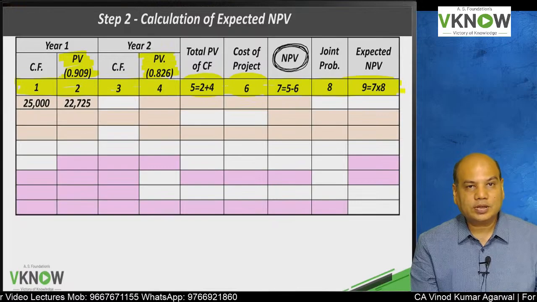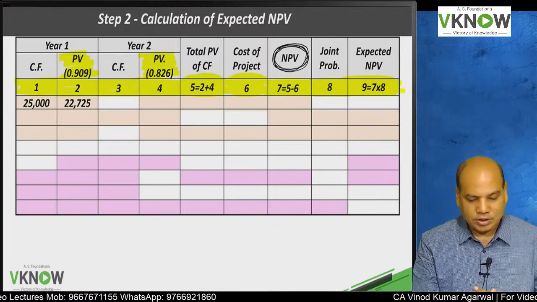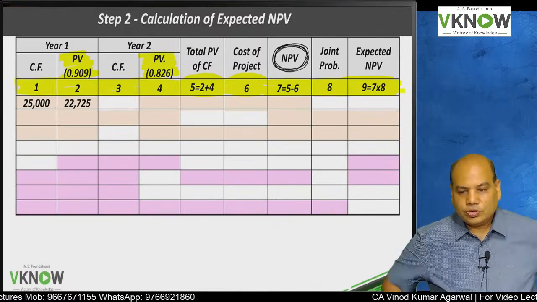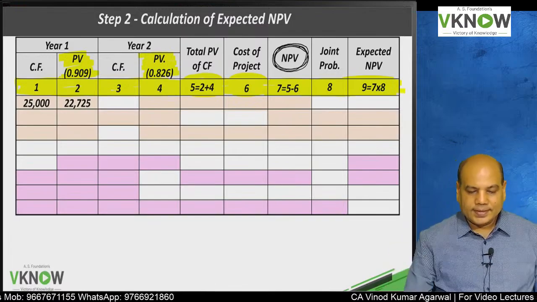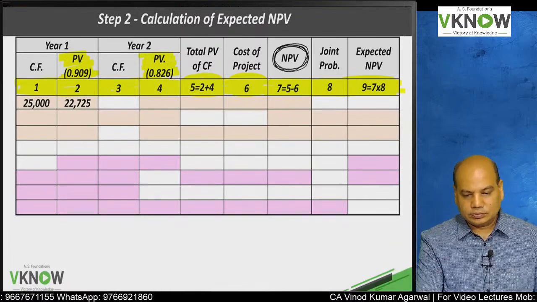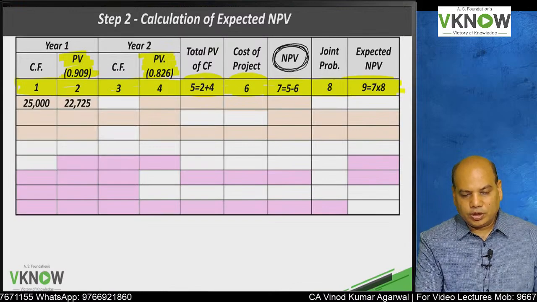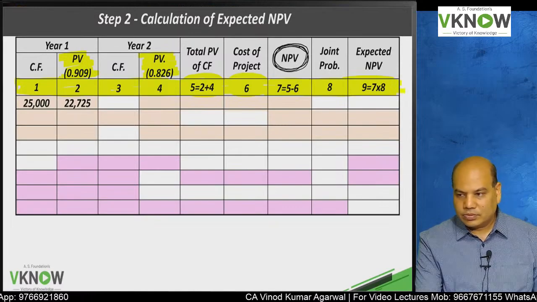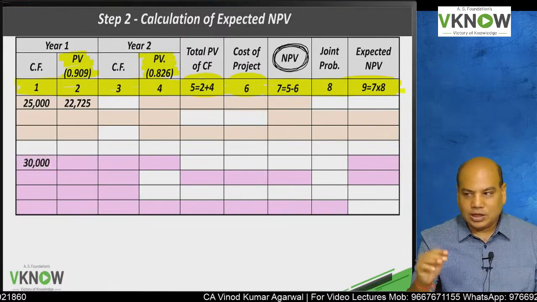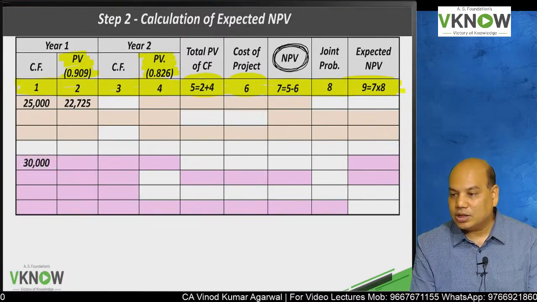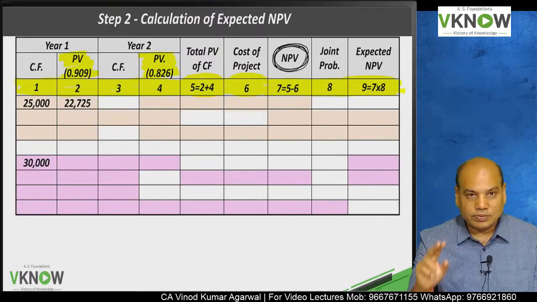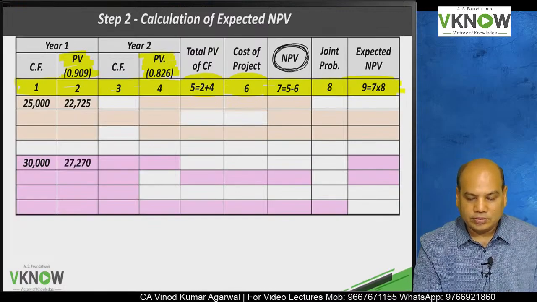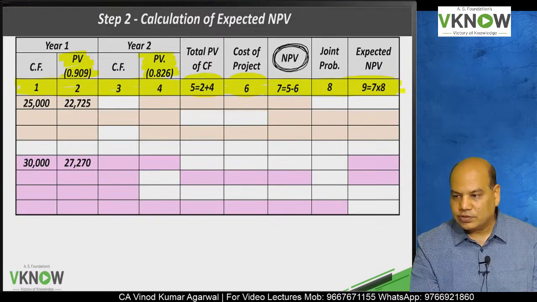Okay, so now my number crunching will start. Year 1, cash flow is 25,000. One possible cash flow is 25,000. Multiply by 0.909, you will get a present value 22725. Keep 3 lines blank and write 30,000 into 0.909, 27270.